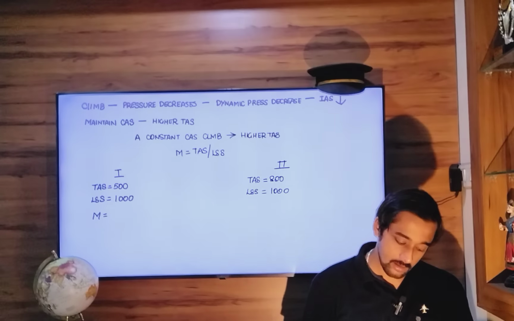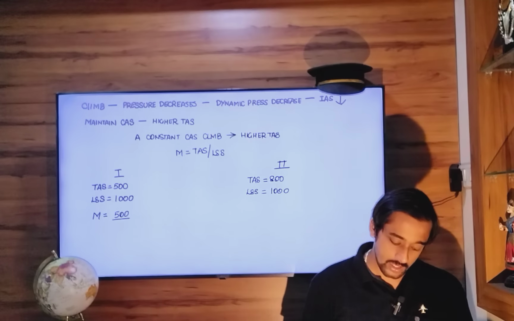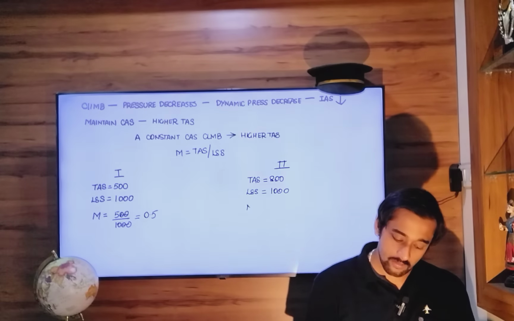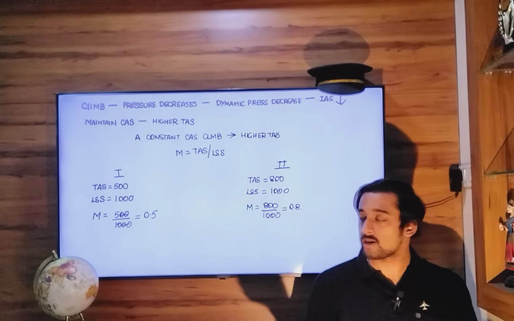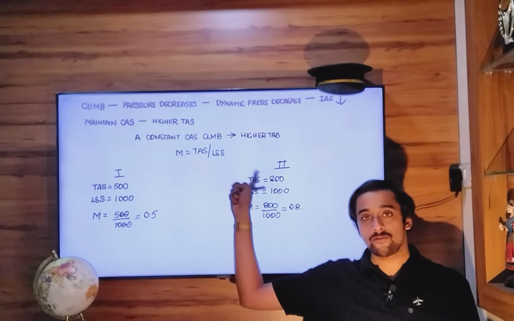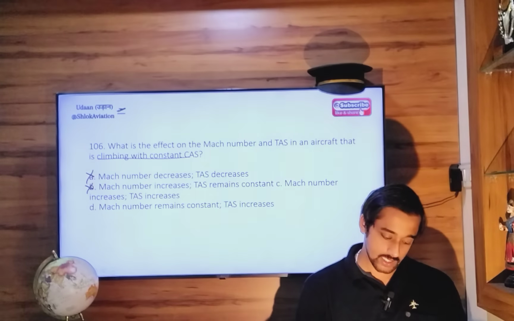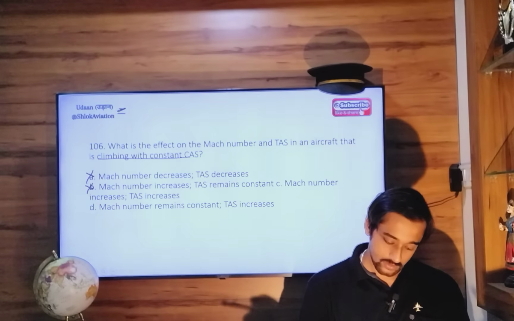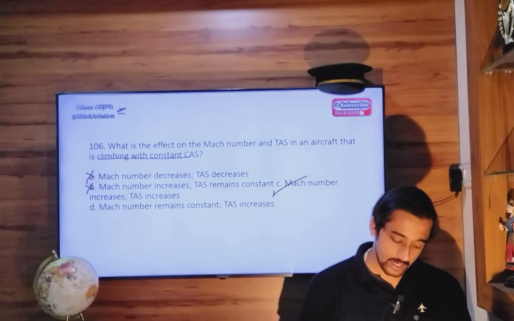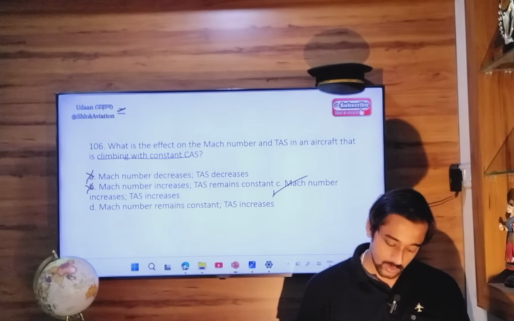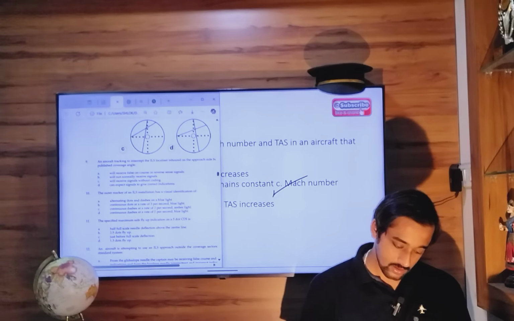Your Mach number will be 500 by 1000, which is 0.5. Here the Mach number will be 800 by 1000, which is 0.8. So Mach number has increased from 0.5 to 0.8. Along with TAS, Mach number will also increase. Option C is the correct option.